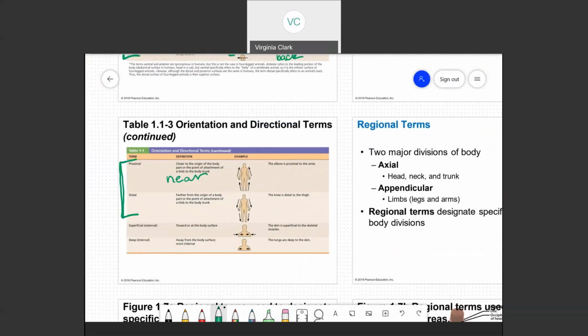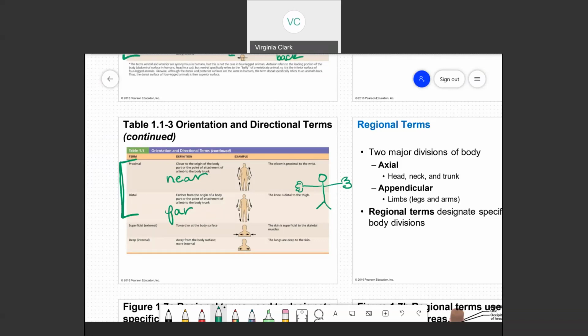Distal is going to be anything that's far. These are very bad examples, so I don't really like these guys, but if I were to draw a little stick figure right here with my hands out, again, I'm not an artist, y'all.